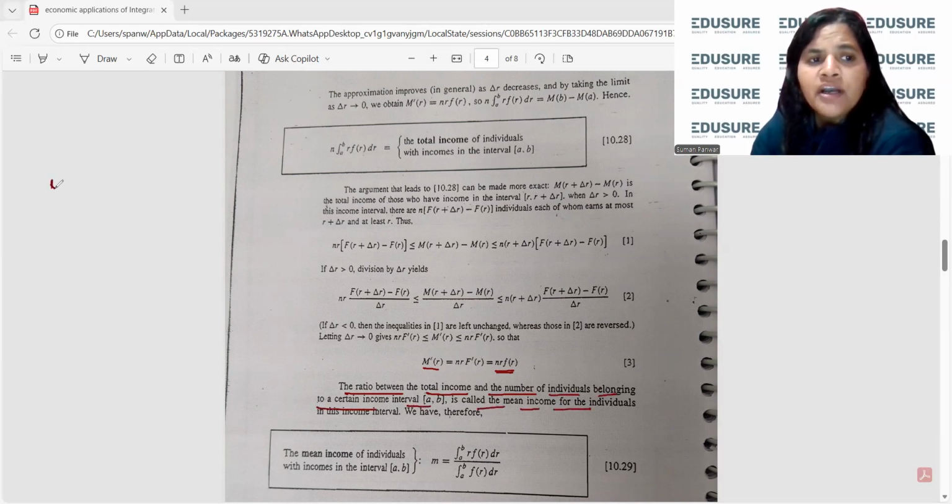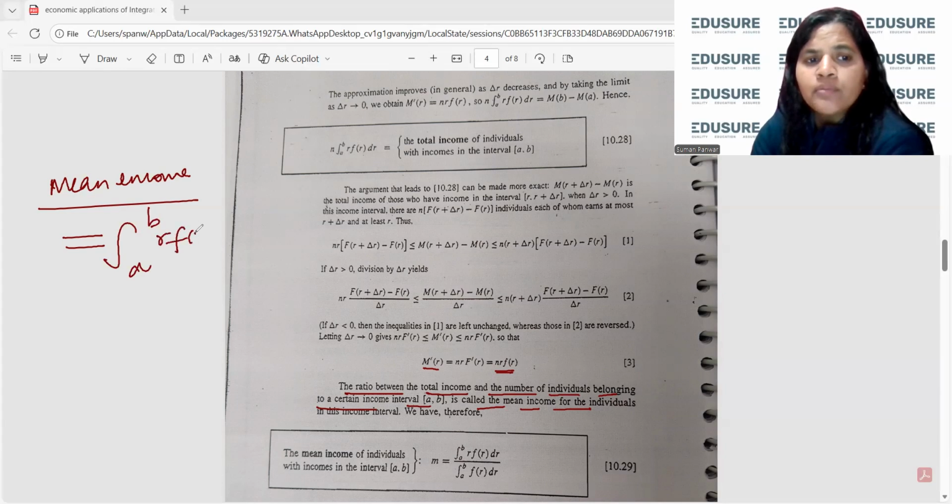So what is mean income? Mean income was the total income of the individuals. The total income of the individuals came out to be this, we just saw, and the mean income of the individuals was this.